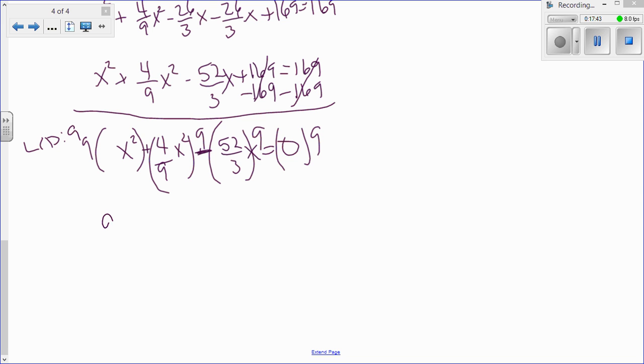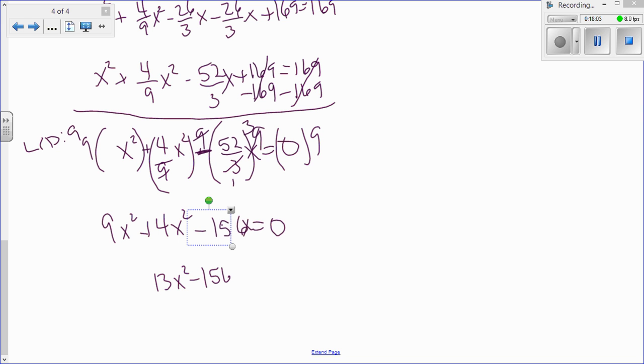So I have 9x squared plus 4x squared, and minus 52/3 x becomes minus 156x, equals 0. So then I have 13x squared minus 156x equals 0.